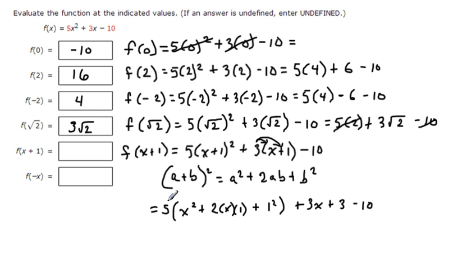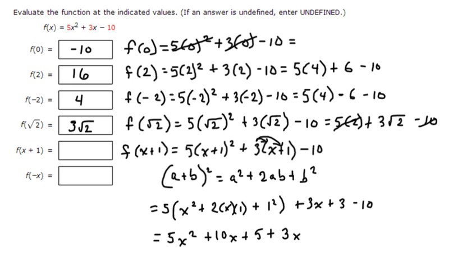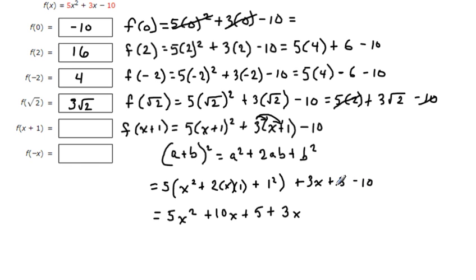We are now going to distribute the 5 to each term, and if we do that, we're going to wind up with 5x squared plus 5 times 2 times x times 1 is 10x, plus 5 times 1 squared is just 5, plus 3x, and we're going to combine these two like terms, so 3 minus 10 is negative 7.